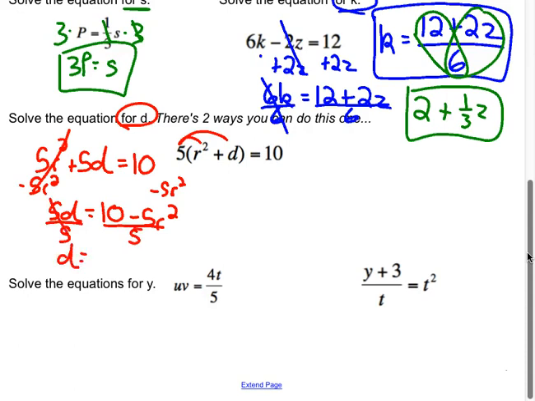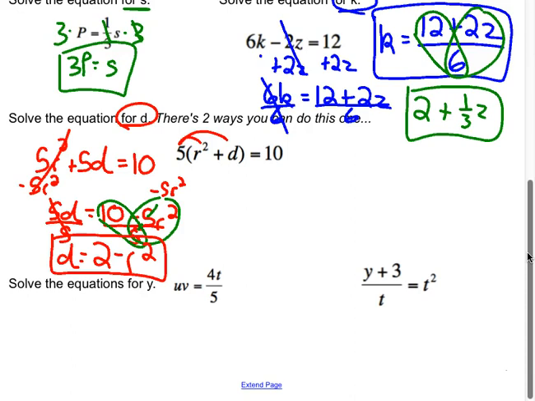So d equals, in this case, look, it actually turns out nicely. If I take 10 divided by 5, that just gives me 2 minus, here, negative 5r squared divided by 5. Those cancel and just leave you with an r squared. So this one, it actually is nicer if you do take the time to actually divide out that 5 from both pieces individually. Okay?